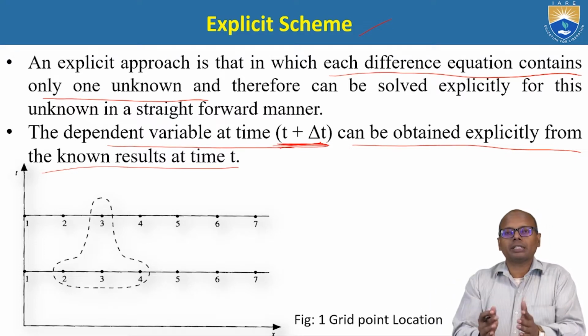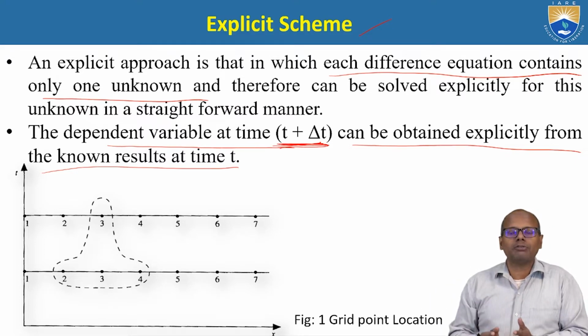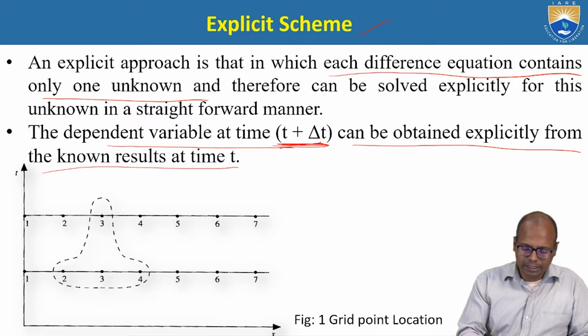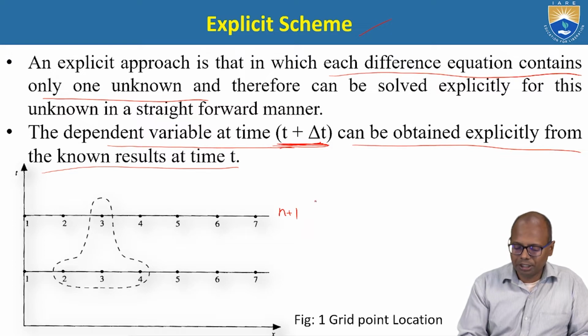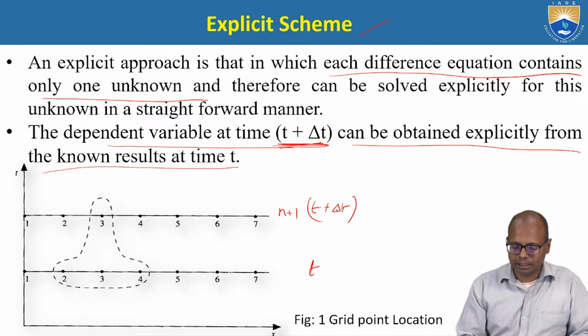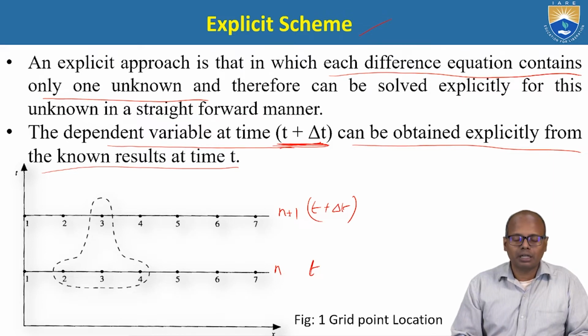This unknown can be derived from the known values. Suppose this is t and this is t plus delta t, or sometimes we can call this the nth time interval and this the n plus 1th time interval.